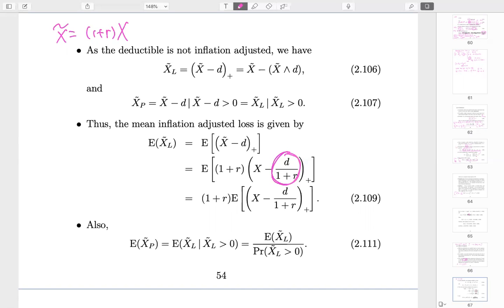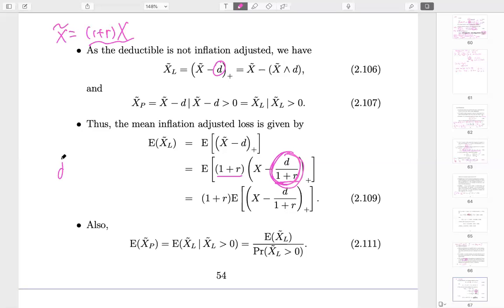For the same reason, if X is proportionally increasing but your deductible remains the same, that means effectively the size of the deductible is going down. And the effective one is the original one divided by 1 plus R. The analysis itself is mathematically very easy. You just factor out a positive constant outside. It can be taken out from everything. So when we have inflation, pretty much everything in the mathematical part will be the same.